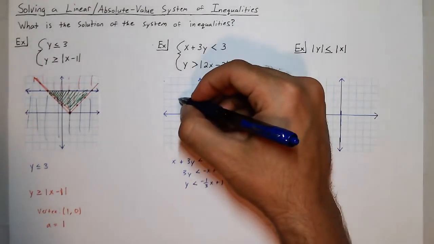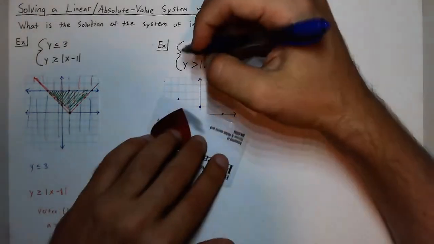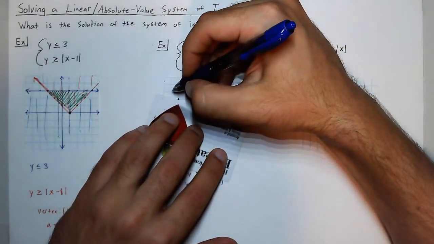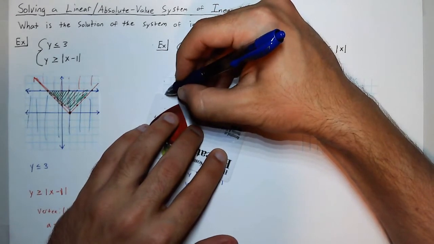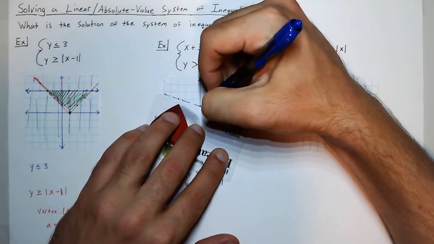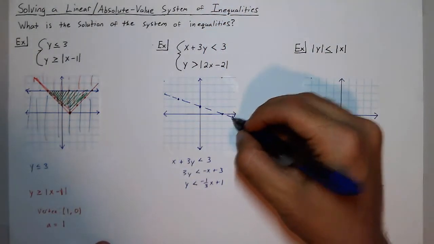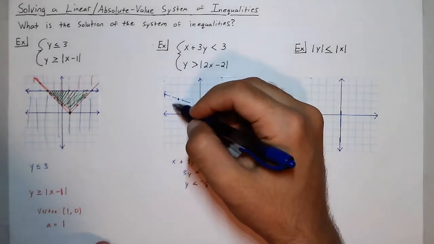Do the same thing backwards to create my line, and this time it's not equal to, so I will use a dashed line to represent it, meaning no point along the line is used in the solution. And then I'm also less than this line, so I'll shade everything below it.